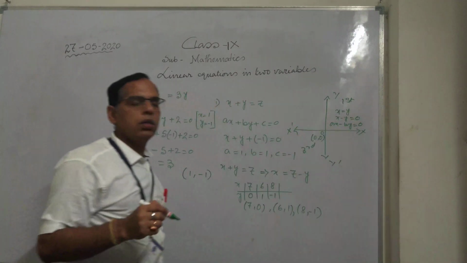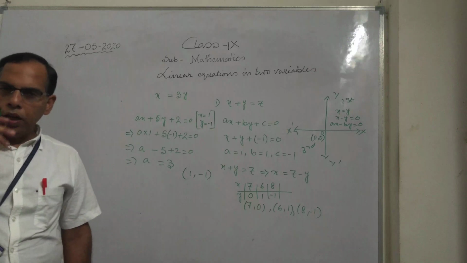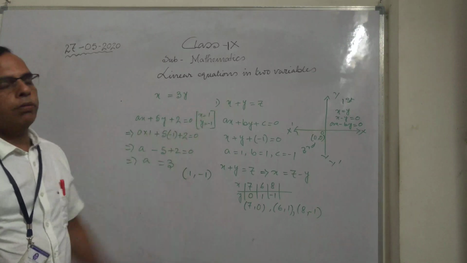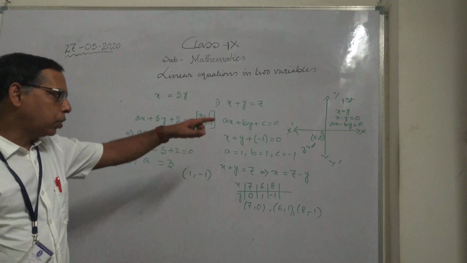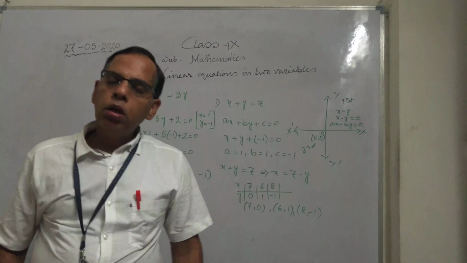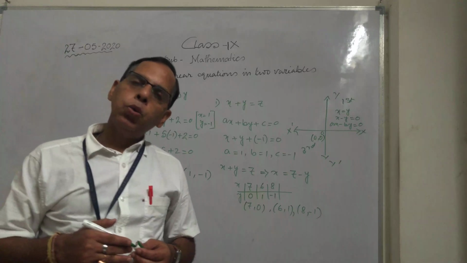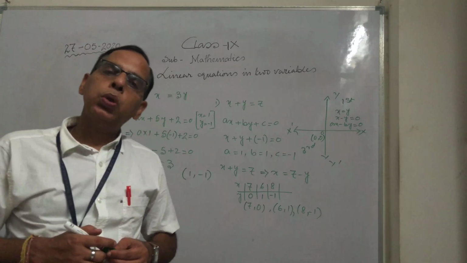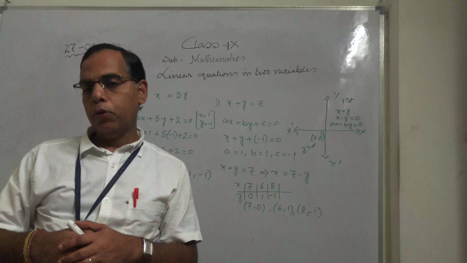If the equation is of any one of these three forms, then it will pass through the first and the third quadrant. Then, under what condition will an equation pass through the second and the fourth?